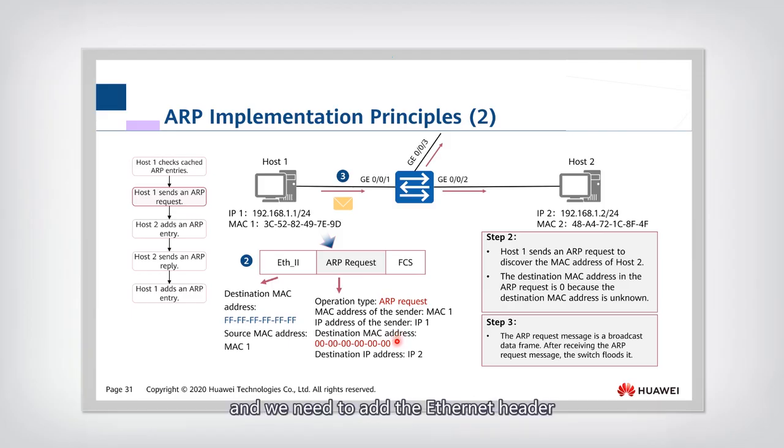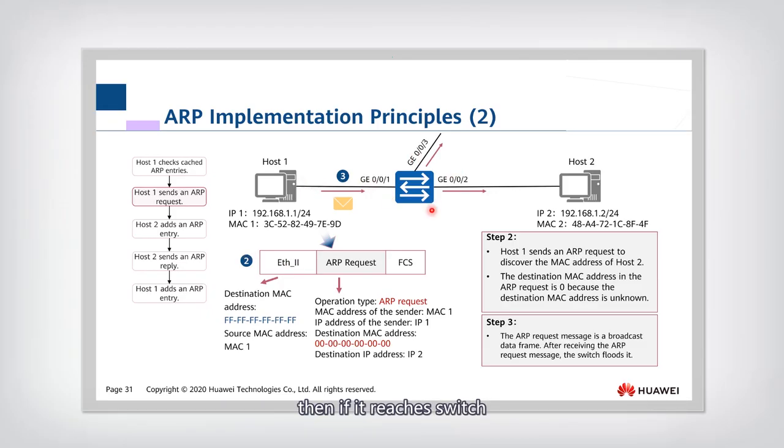And we need to add the MAC header. For the MAC header, it is a broadcasting packet, so there is a broadcast address written in the header. So this is the ARP request message. Then the ARP request message is sent out.